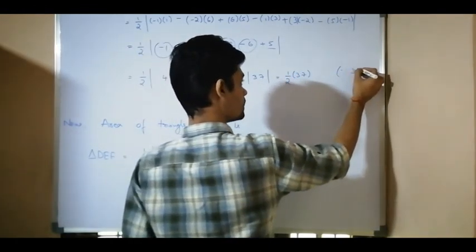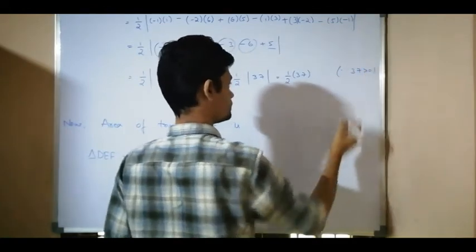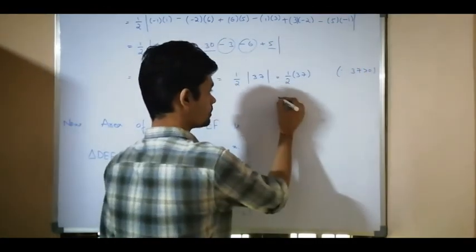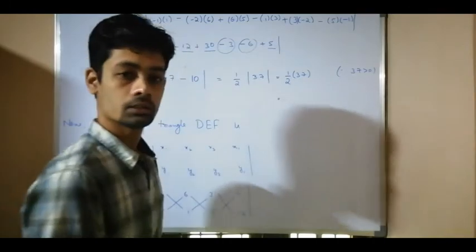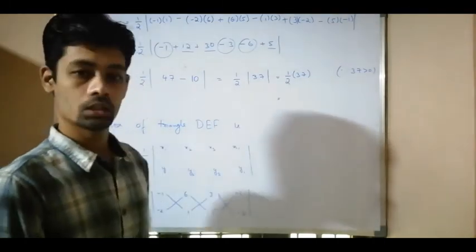Since 37 is greater than 0, the modulus of a positive number is always positive. This implies 37 by 2.